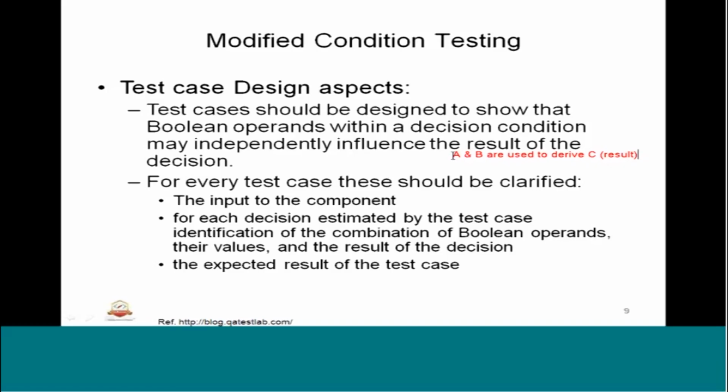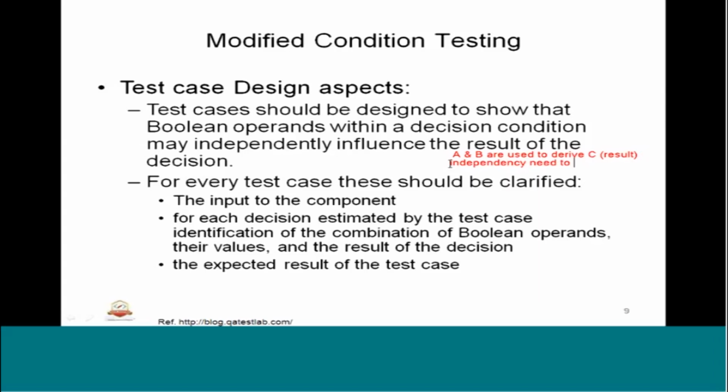Modified condition is such that independence needs to be verified. That means because of A, I am going to get the result in C, and because of B, keeping A constant, we are going to get C as well. So we have two paths already. Like this, we'll have multiple conditions and Boolean expressions with a number of variables and logic, but in all the cases we need to measure the independence. It's very important.